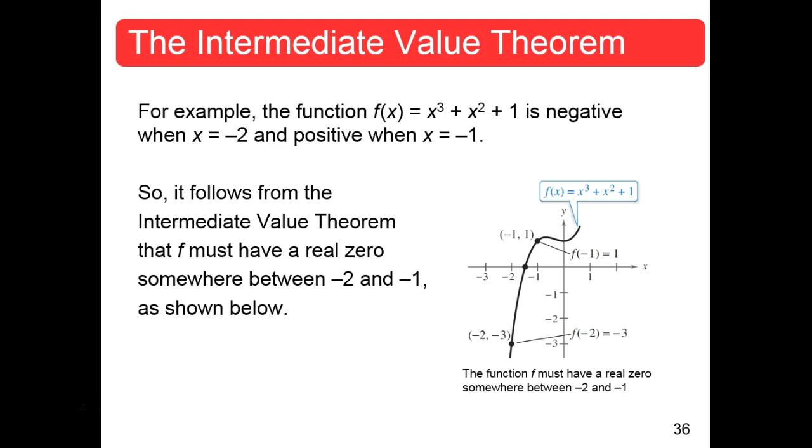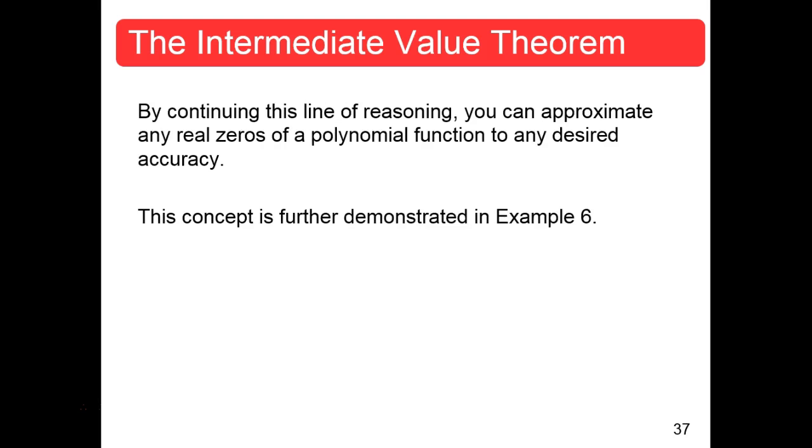Never mind. So what can you do from here? By continuing this line of reasoning, you can approximate any real zeros of polynomial functions to any desired accuracy. And example 6 is going to do that. That's what we're going to do next.